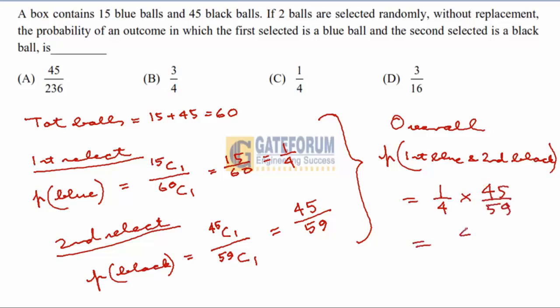That would be equal to 45 by 9 fours are 36, 23. So 45 by 236. See, this is the option. Okay, I hope this is all right.